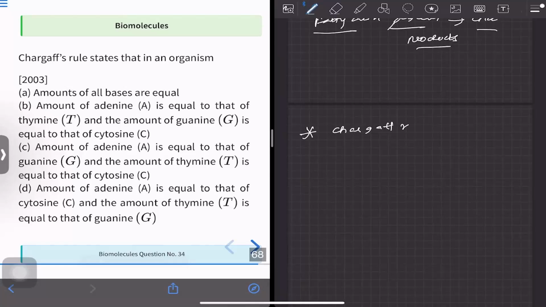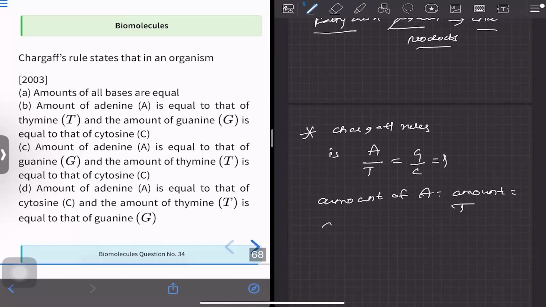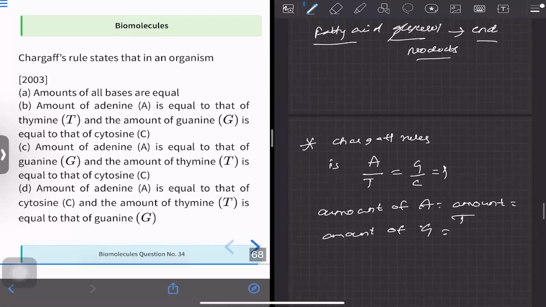Chargaff rule is adenine to thymine equals guanine to cytosine equals 1. So the amount of adenine is equal to that of thymine, and the amount of thymine is equal to that of adenine, and the amount of guanine is equal to that of cytosine.